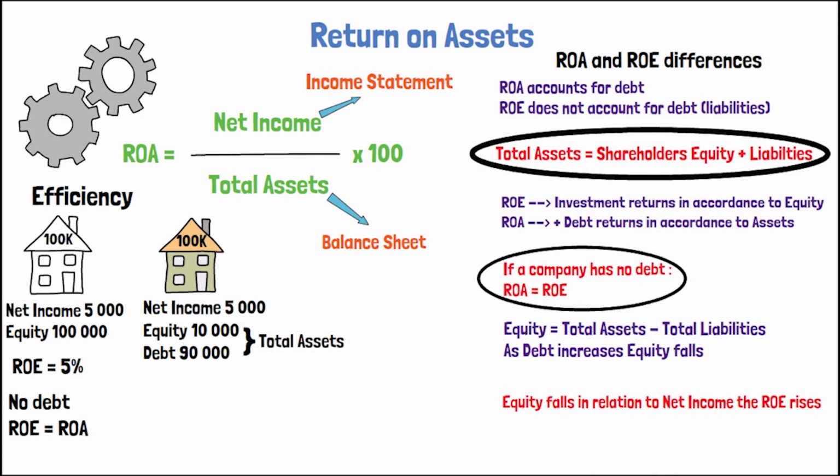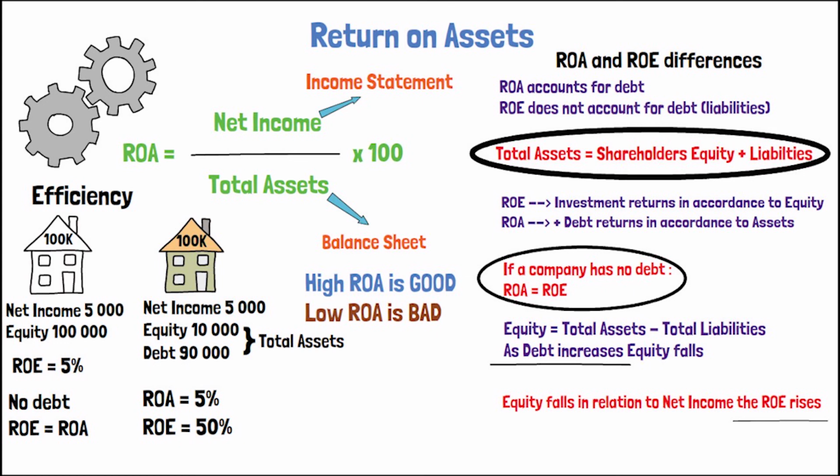Using the ROA and ROE ratios, we find an ROA of 5% and an impressive ROE of 50%. This is because when the liabilities increase, the ROE also increases, as we mentioned earlier in the video. The higher the ROA, the better, and as always, we need to compare companies within the same industry.